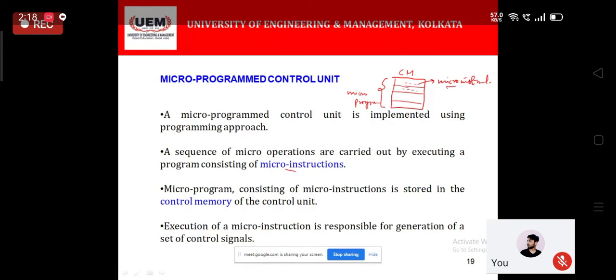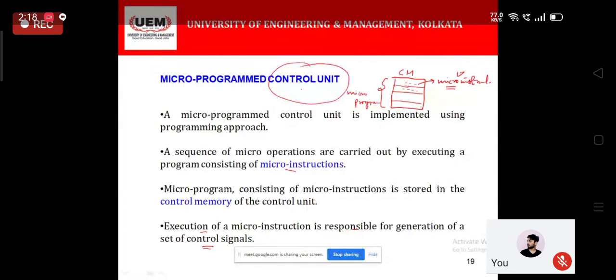Now each micro instruction is going to do one or multiple micro operations. Each micro instruction is going to perform one or more micro operations, and it is written clearly that the execution of a micro instruction is responsible for the generation of certain control signals.